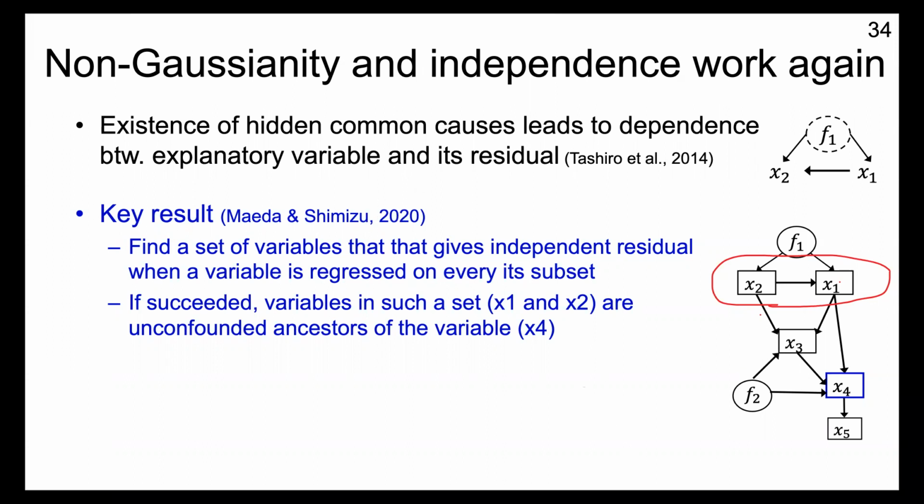For example, in this graph, we find that X1 and X2 are such a set of variables, and they are unconfounded ancestors of variable x4. We can find the unconfounded parent of variable x4 is x1.